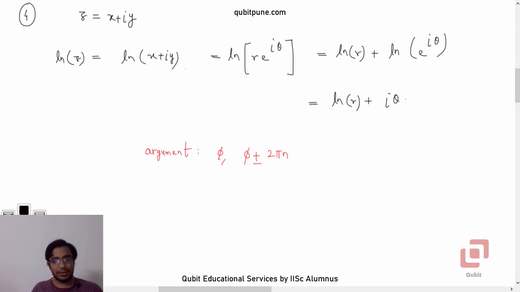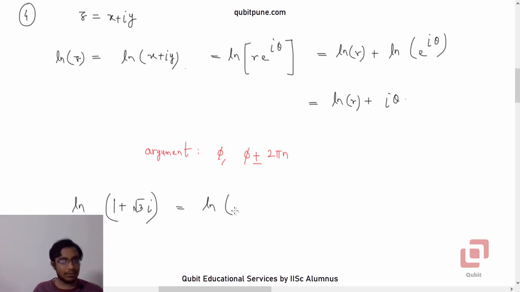suppose we consider the complex number 1 plus root 3i, and suppose we are interested in finding the logarithm of this. We know that the modulus of this complex number is 1, isn't it? Or not 1? I think it is 2.